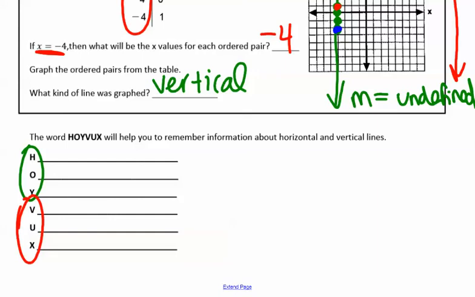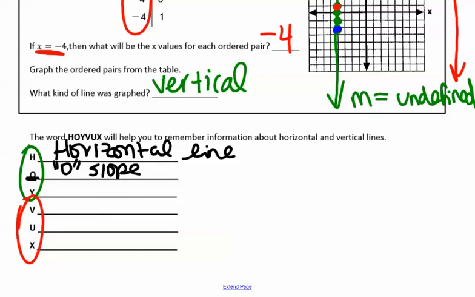Is it a HOY or is it a VUX? HOY VUX. So, the H stands for a horizontal line. The horizontal line is going to have 0 slope. So the slope is 0. So the O, we actually change into a 0. So the slope is 0 if it's a HOY, because it's a horizontal line.